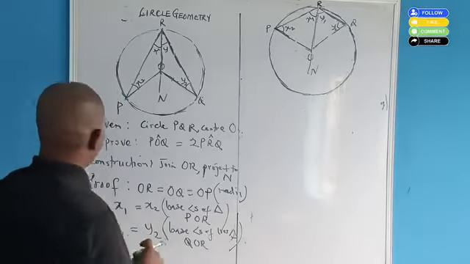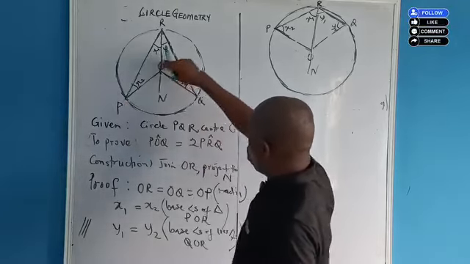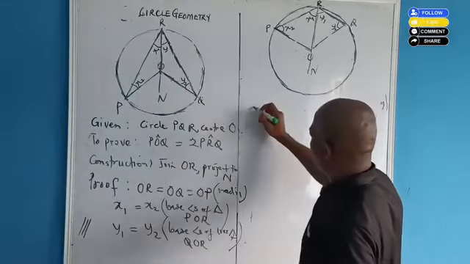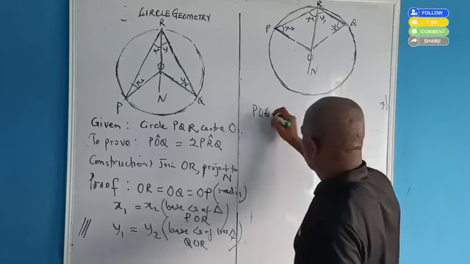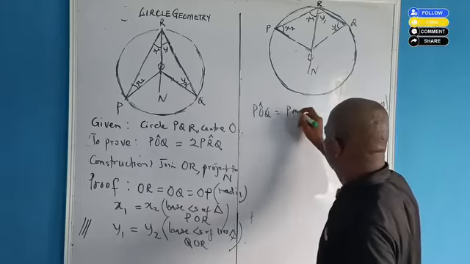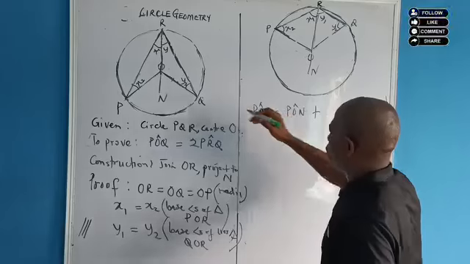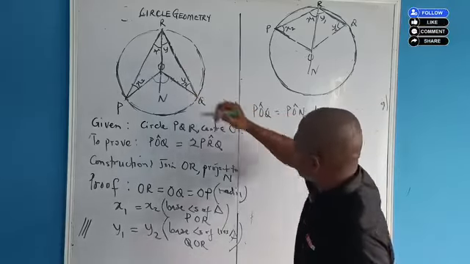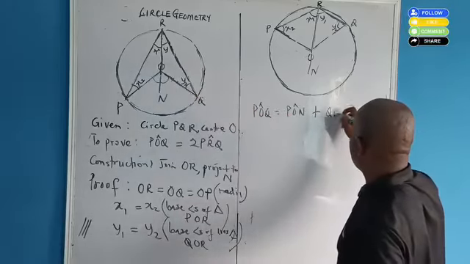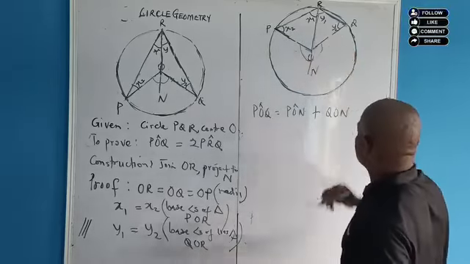Now, the angle at the center is POQ. And it is clear that POQ is made of 2 angles, PON and QON. This and that.